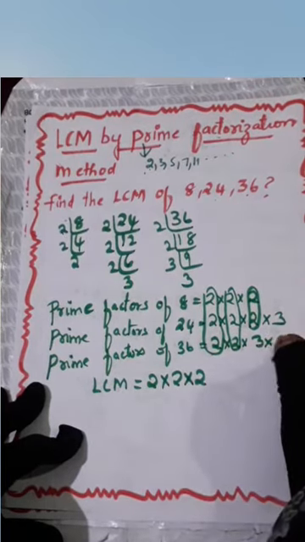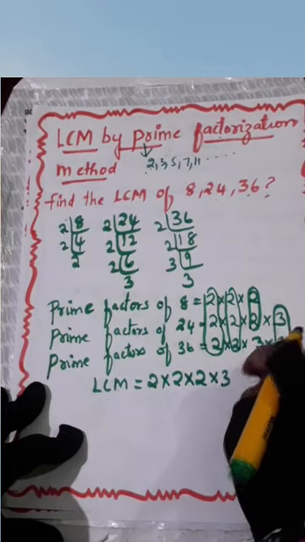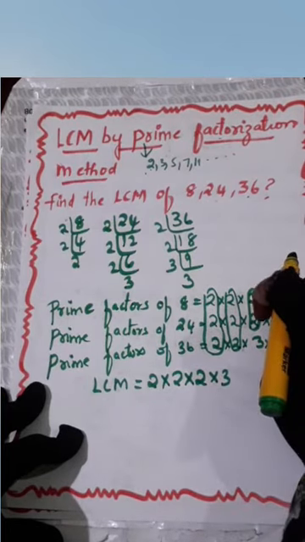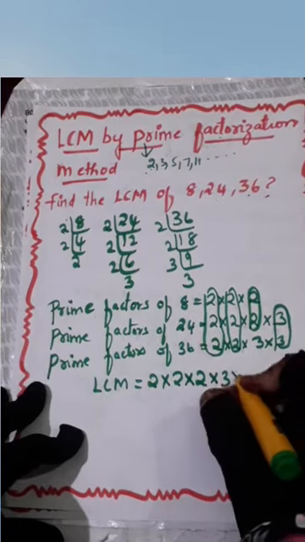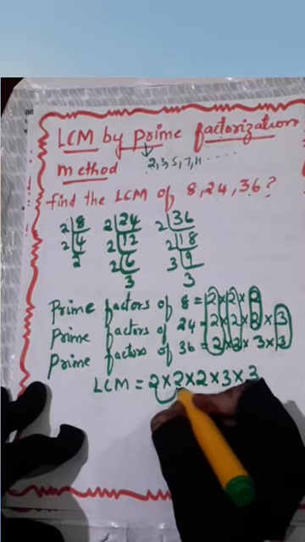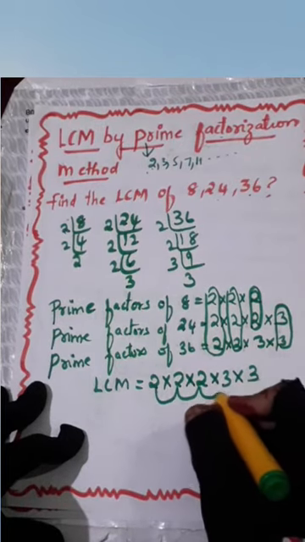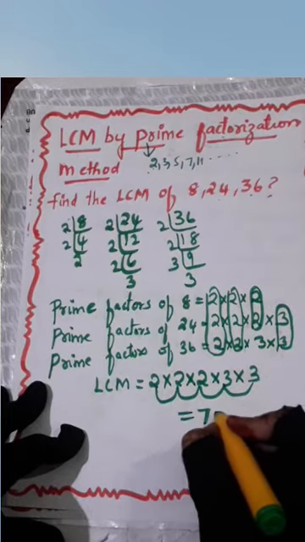Here 3 is there, here 3 is there, take it as one common 3. Then whatever is left, at last we have to write it. Here a 3 is left, so at last we write 3. So 2 2s are 4, 4 2s are 8, 8 3s are 24, 24 3s are 72. So the LCM is 72.